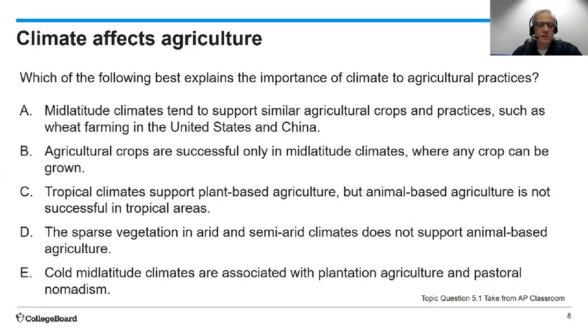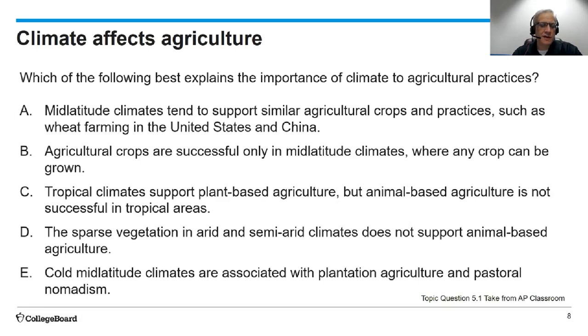C. Tropical climates support plant-based agriculture, but animal-based agriculture is not successful in tropical areas. D. The sparse vegetation in arid and semi-arid climates does not support animal-based agriculture. Or E. Cold mid-latitude climates are associated with plantation agriculture and pastoral nomadism.